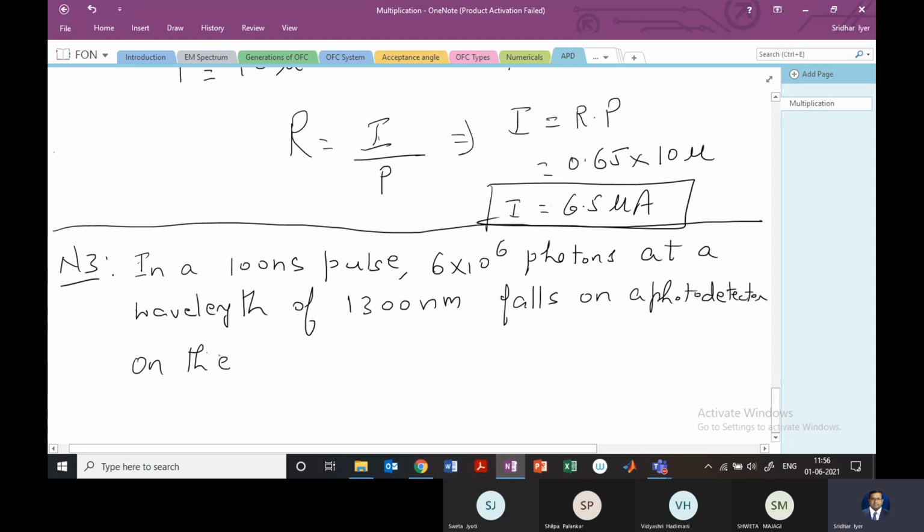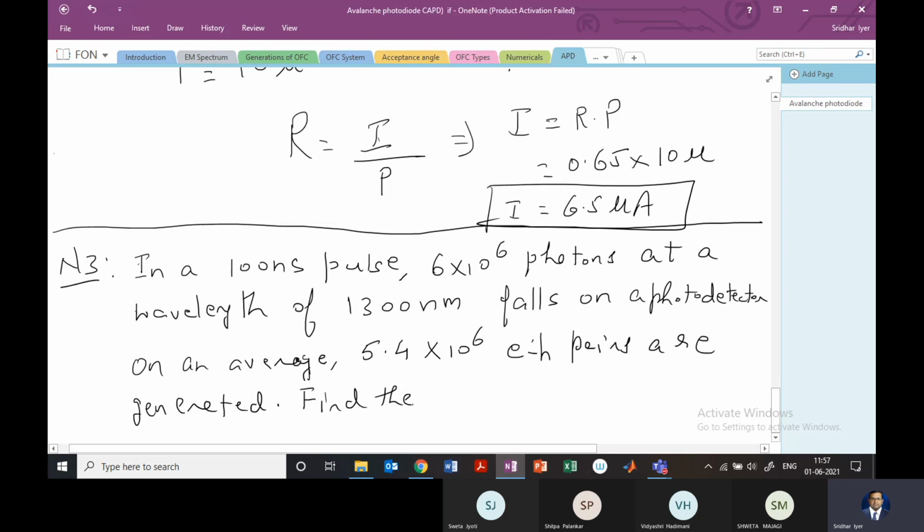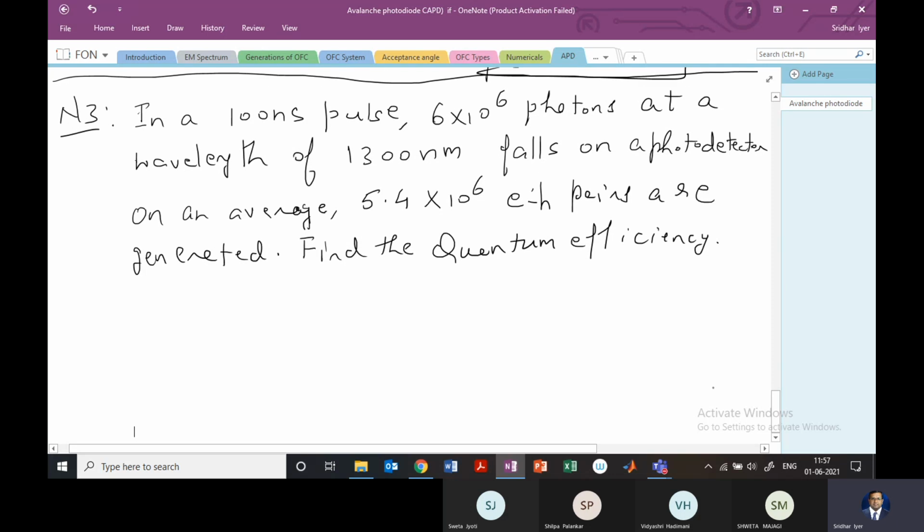On an average, 5.4 into 10 raised to 6 electron hole pairs are generated. The question is, find the quantum efficiency.